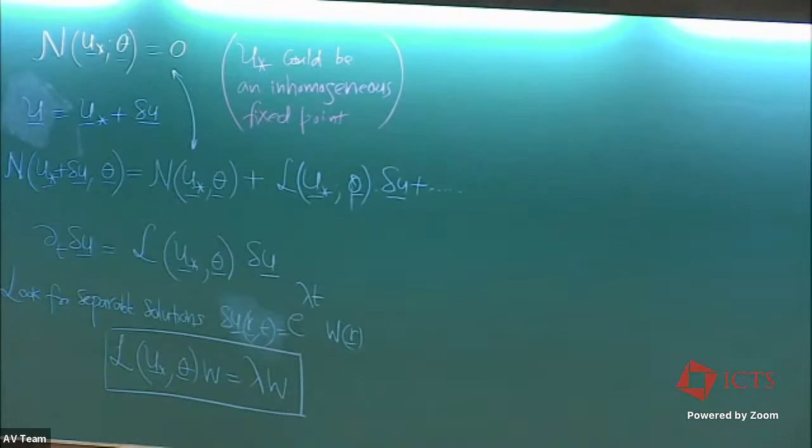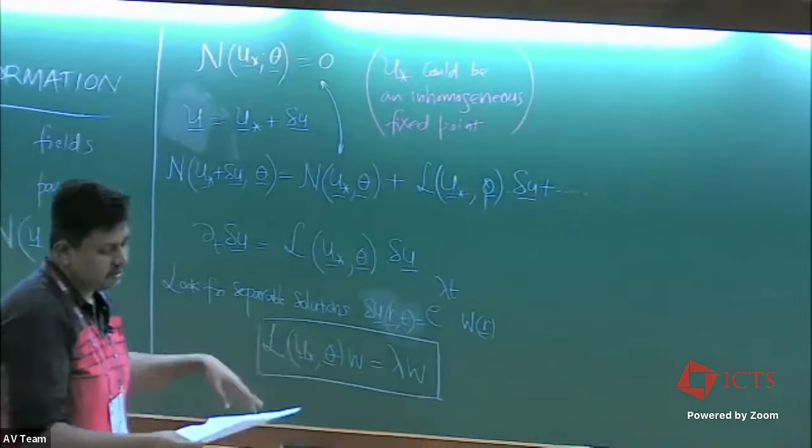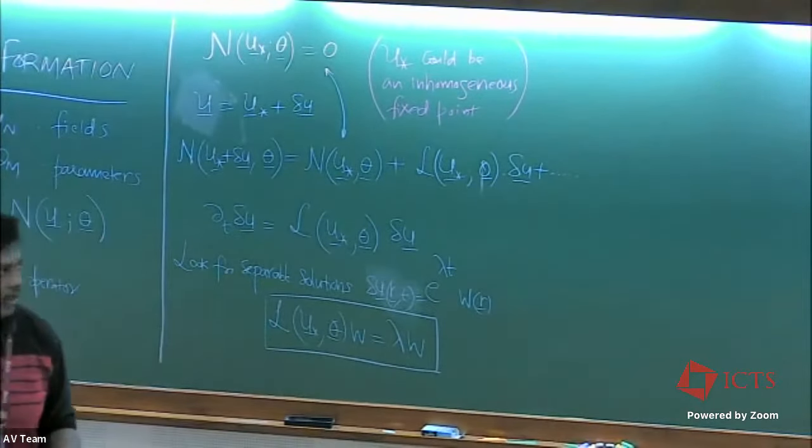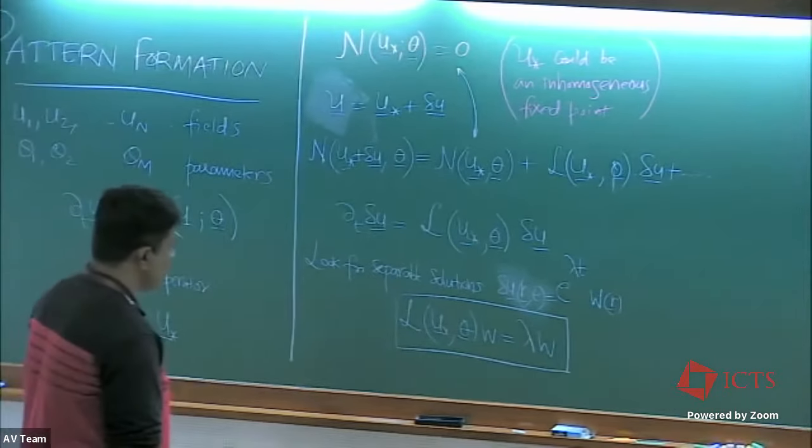Now, the trouble is if you want to analyze the stability of that inhomogeneous fixed point. What you have here is a linear differential equation. Remember, L is some linearized operator, so basically some like eigenvalue problem, Schrodinger equation. But if U star depends on space, then this is a linear partial differential equation with non-constant coefficients, and those are hell. There are only very few cases where you can solve things analytically.